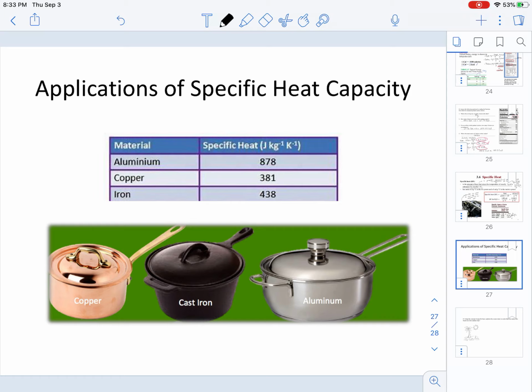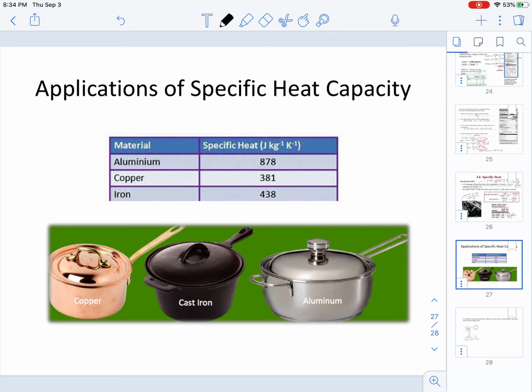If you want something to be cooked faster, then you will choose things that have a lower specific heat. If you want things to heat up more slowly, then you are going to choose pots that have a higher specific heat. Here I have an example in which we have a pot made out of copper, one made out of iron, and one made out of aluminum.